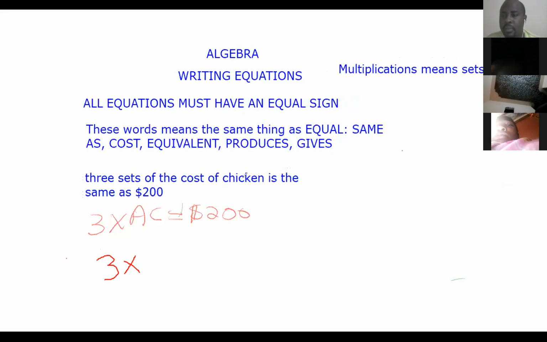We don't know what the cost of chicken is, so we use a letter to represent it. Sir, you can also call it a variable because you don't know it. Excellent, Zaria. The letter represents a variable, an unknown. We can use any letter to represent this variable, so we can use C. So 3 sets of the cost of chicken, which is C, that is the same as. And what does same as mean again, Devonique?